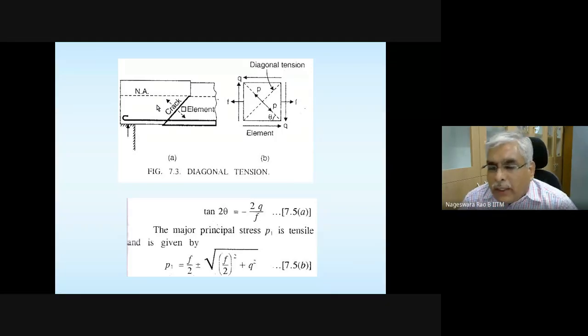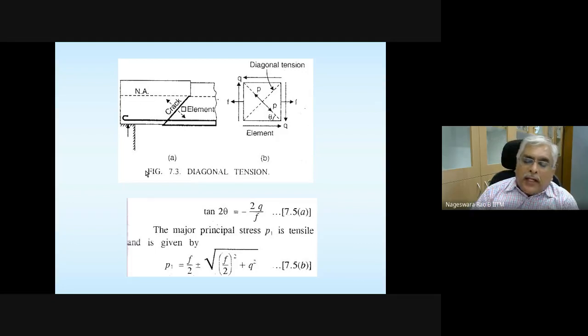Just now somebody told it's 45 degrees. Is it clear? Theoretically, a crack is going to be formed at this support at an angle of 45 degrees. In reality also, it's going to be close to 45 degrees. Is it clear?